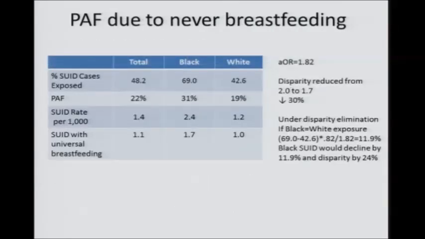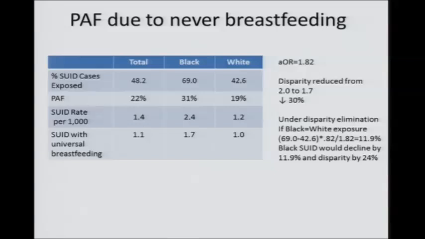So here we also have a disparity. The percent of SUID cases that were not breastfed overall was 48%, but it was 69% among Black SUIDs versus 42.6% among whites. And so you apply that 1.82 minus 1 over 1.82 and get the PAF, the proportion of SUID that could be eliminated if everyone was breastfed.